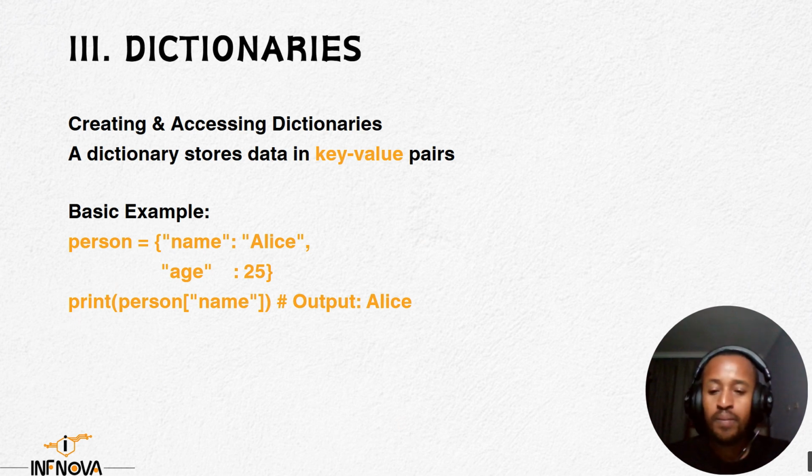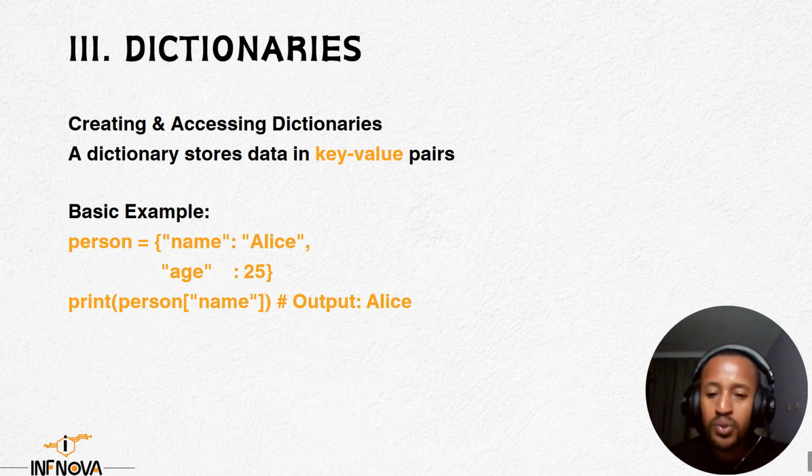So for example, in this example that is given, you see that a person is the dictionary and it has key-value pairs. The key is name, the value is Alice. The next element could be age, which is the key, and the value is 25.